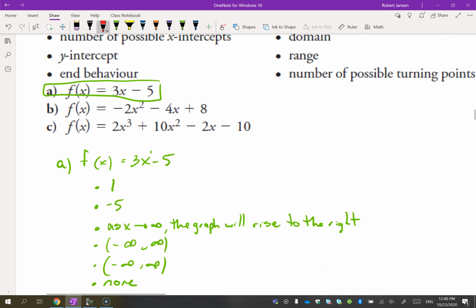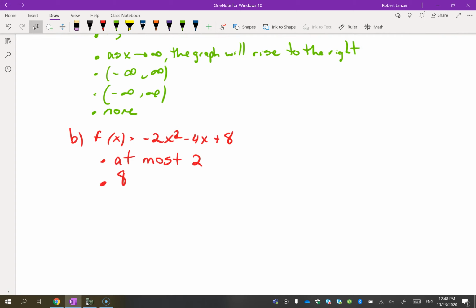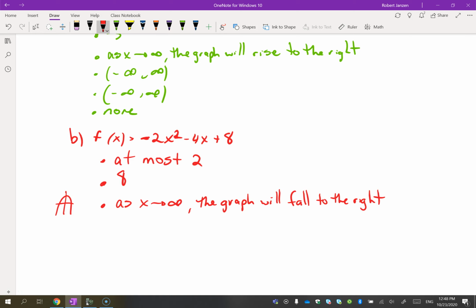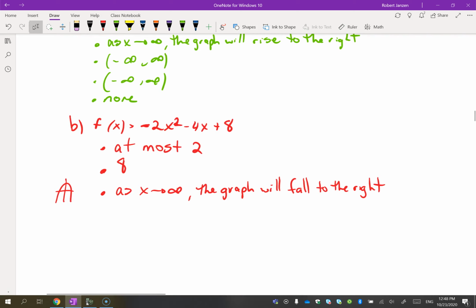Next question is, what is the end behavior? Well, this has a negative coefficient, so you know this is a parabola that opens down. So as X approaches infinity, the graph will fall to the right. Okay, and then we want to do the domain. The domain for all of these graphs is going to be negative infinity to infinity.